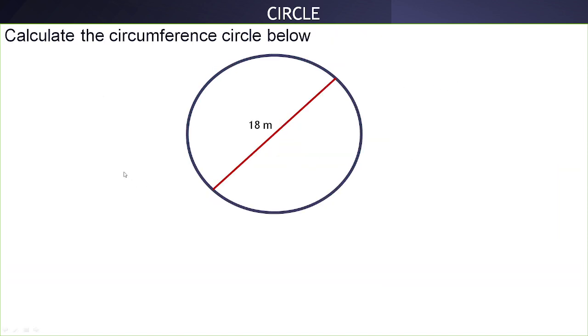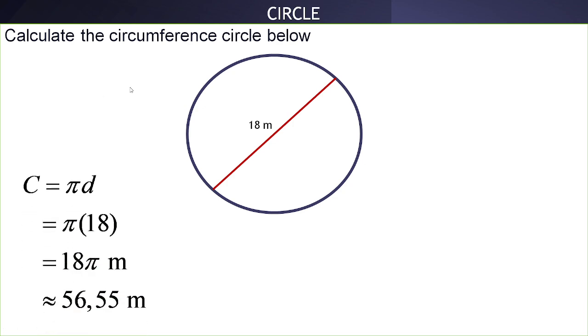Now, given what we just discussed in the previous slide, let us go ahead and find the circumference of the circle given below. What do you notice that is given? We're given the diameter of the circle, and the diameter is given as 18 meters. Because we're given the diameter, we can use the equation circumference is equal to pi times the diameter.